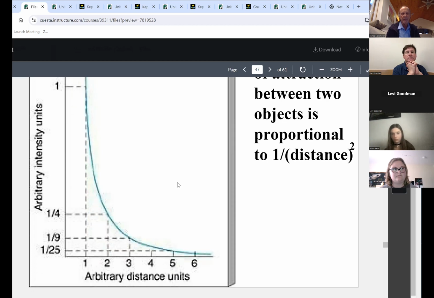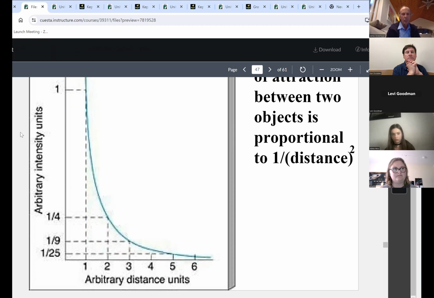So if you're 1 unit away from another object, and then you double that distance, the force goes down by a factor of 2 squared, or 4. So doubling the distance away decreases the force by a factor of 2 squared or 4.